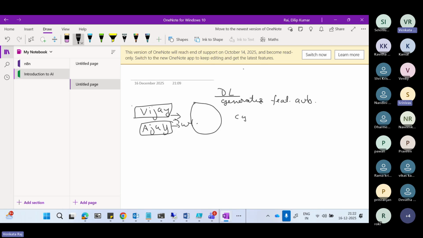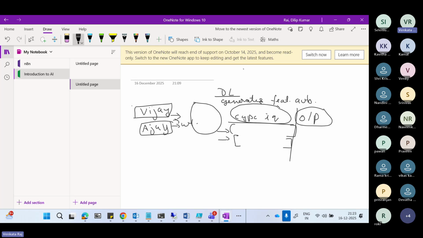Like I have told you, CGPA, IQ and these things of a student will differentiate one student from the other. So the data fed to the machine, it is going to mimic the information. That is machine learning. In machine learning, you feed the input, meaning the features of the input, and the output.